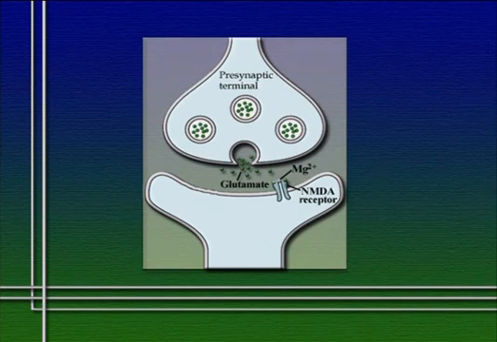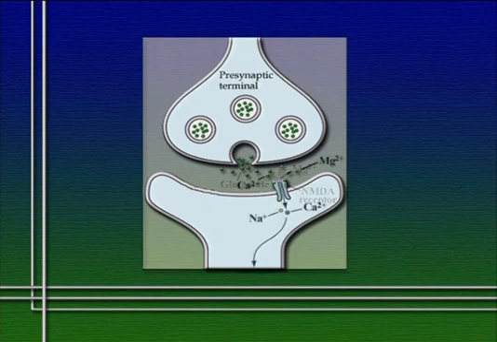If it does, then the NMDA receptors will open. That will further depolarize the cell, but more importantly, it allows calcium to rush in. And the model for how NMDA receptors might then work to affect long-term changes in a synapse is through the action of calcium as a second messenger. Remember, we've talked about calcium as an important second messenger in intracellular signaling, and it is a very ubiquitous second messenger.